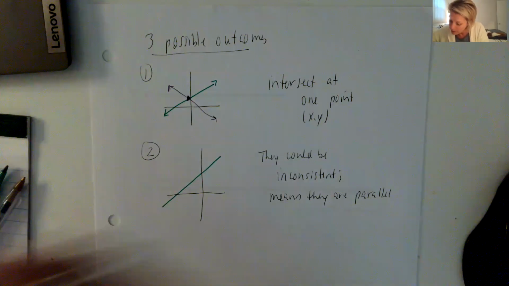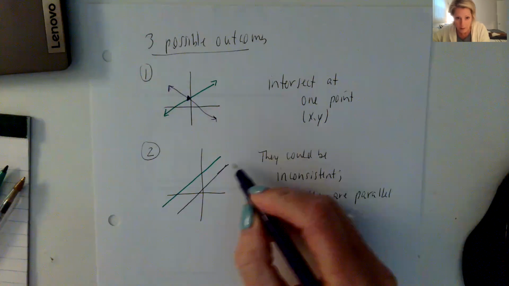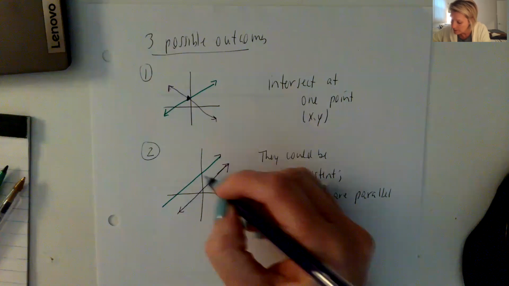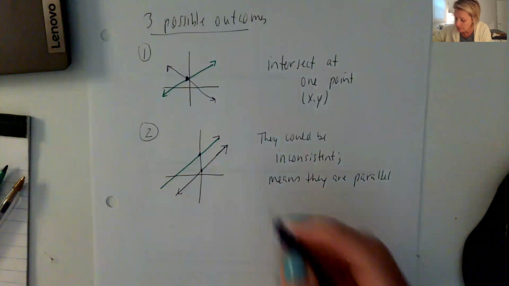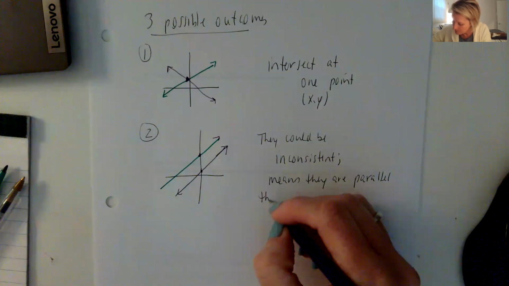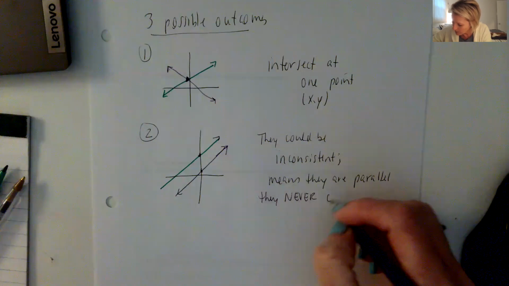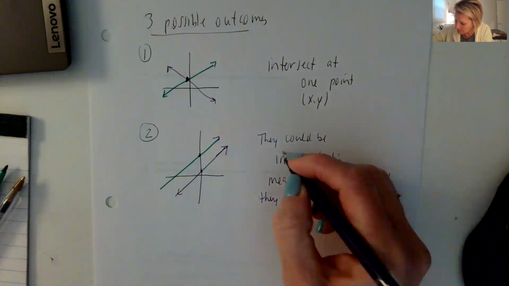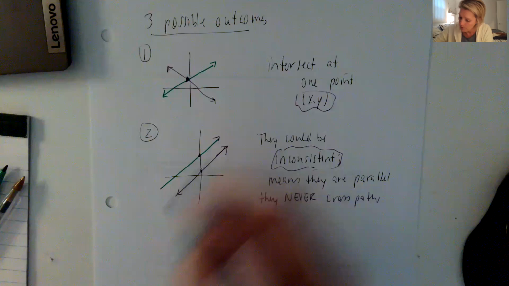They don't cross each other because they are growing or declining at the same rate. So they have different y-intercepts, but they're parallel. They never touch. They never cross paths. So that's inconsistent. The other one is they have 1 point.